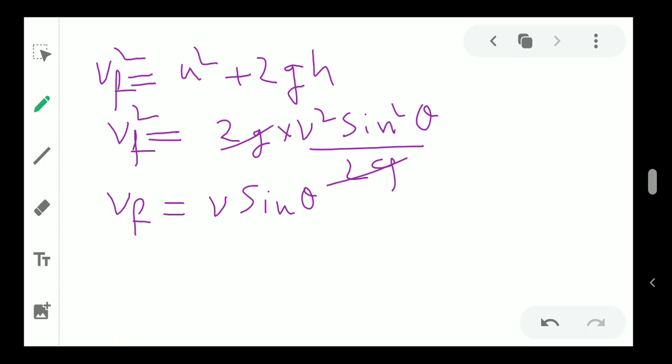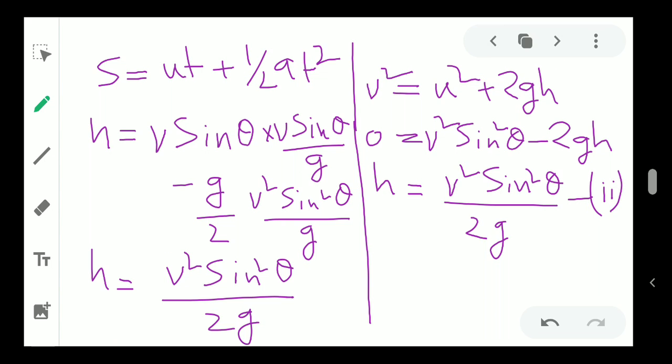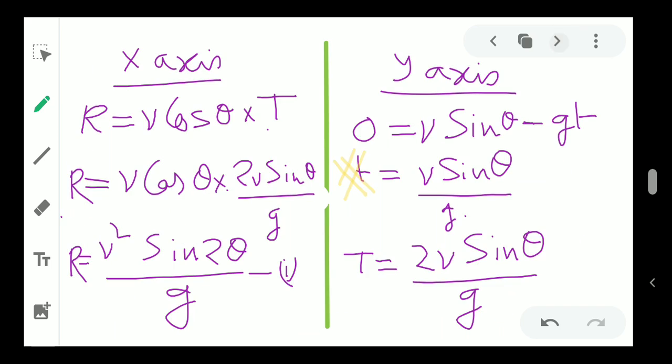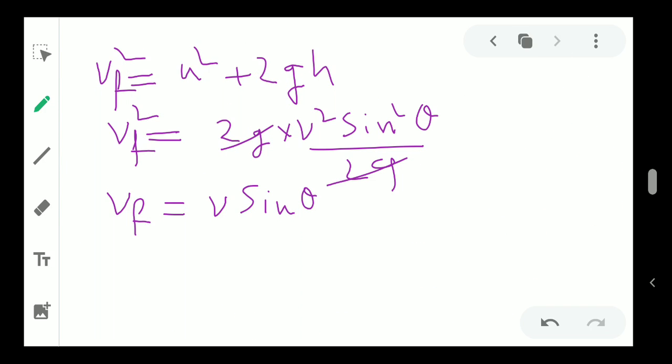So you can see that the velocity with which it was launched, that is the initial vertical velocity v sine theta, is the same when it is coming down just before the impact at P. So the final velocity while coming down, just before touching the ground, is the same as the launch velocity going up. This one and this one are the same. It is general in all cases.